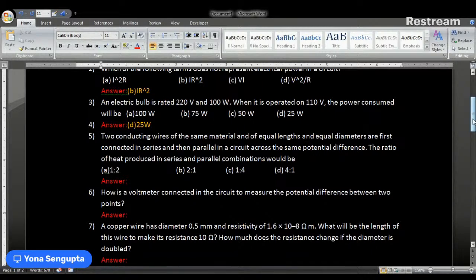The ratio of heat produced in series and parallel combinations would be either 1 is to 2, or 2 is to 1, or 1 is to 4, or 4 is to 1.